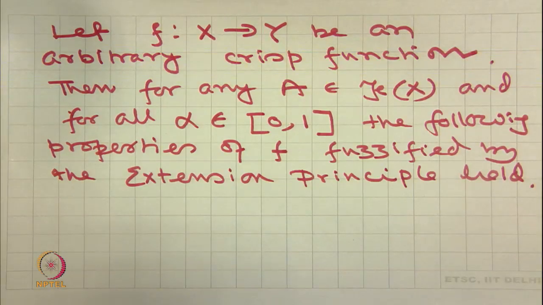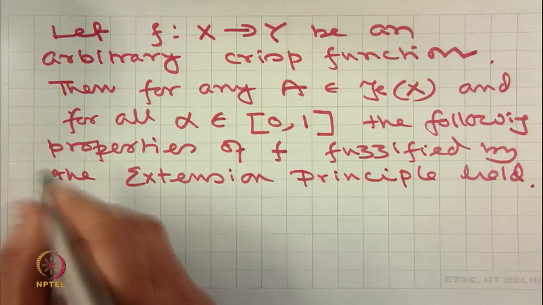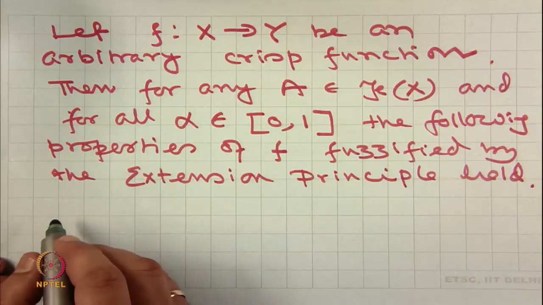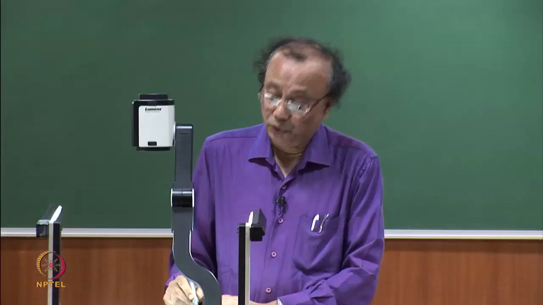That means, we have taken function f from X to Y, we have fuzzified them using the extension principle, then we find the following two properties to hold.